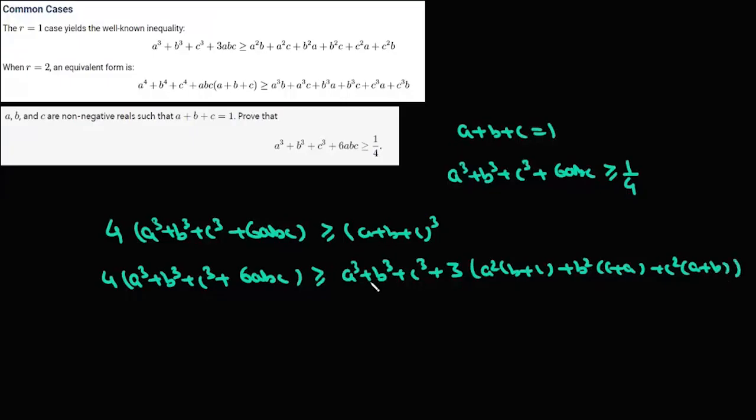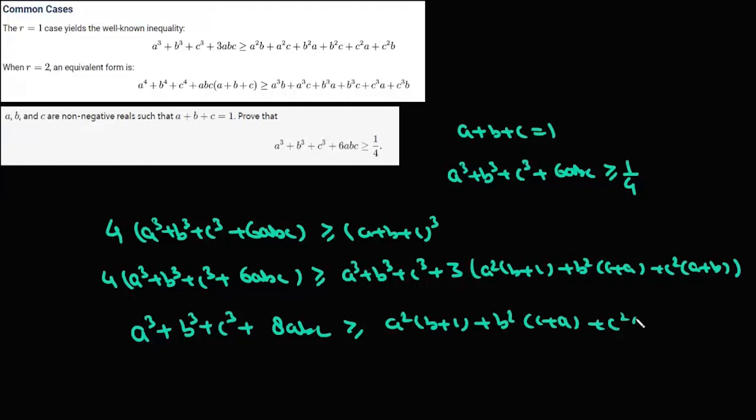Now we can cancel a cube plus b cube plus c cube, and we can cancel 3 also. Then we get a cube plus b cube plus c cube plus 8abc will be greater than or equal to a square (b plus c) plus b square (c plus a) plus c square (a plus b).